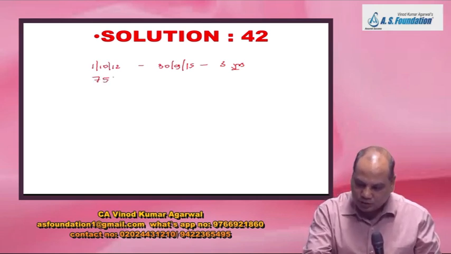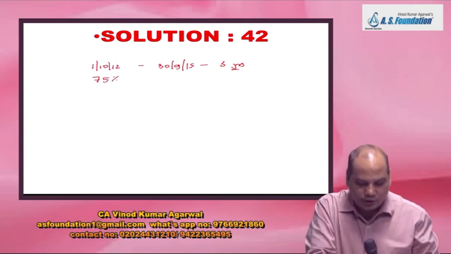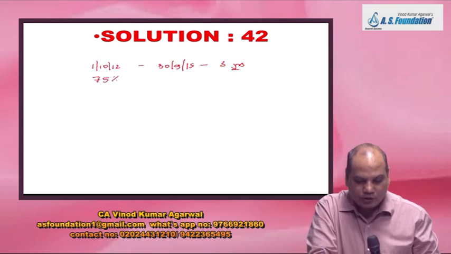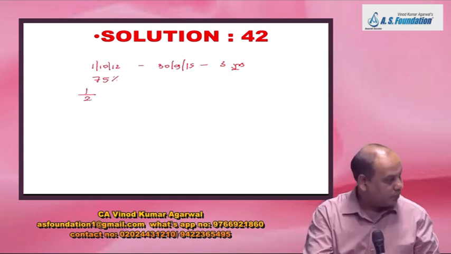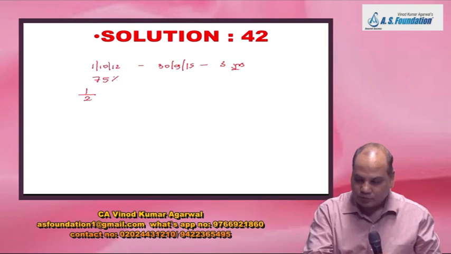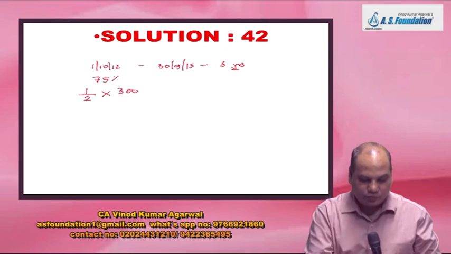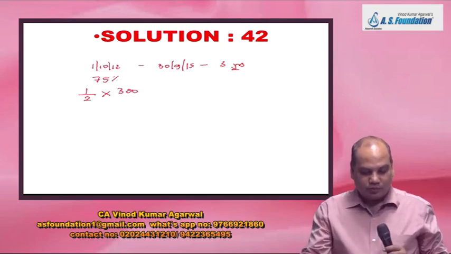So in Beta, Alpha is holding 75% share, by means of a share exchange of one share in Alpha for every 2 shares in Beta. So 1 by 2 into 300. These many shares they have issued.